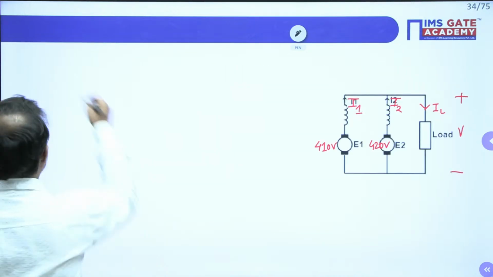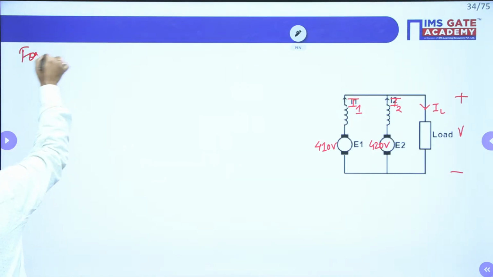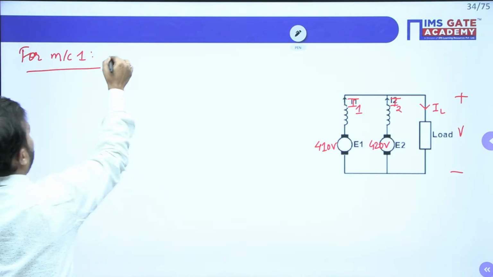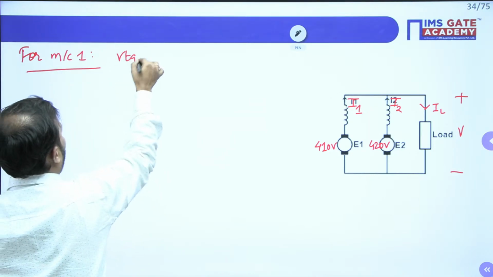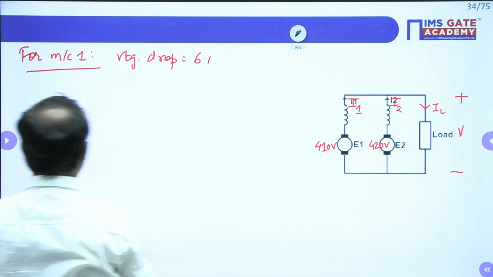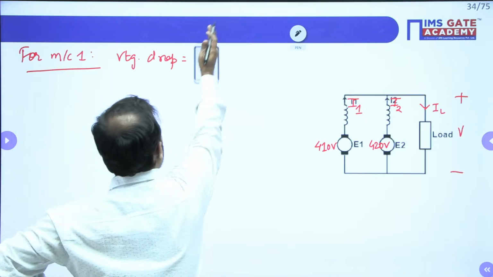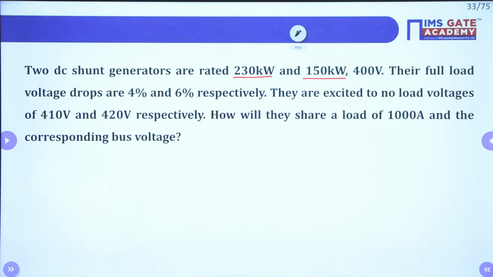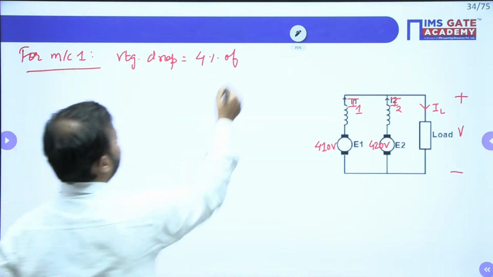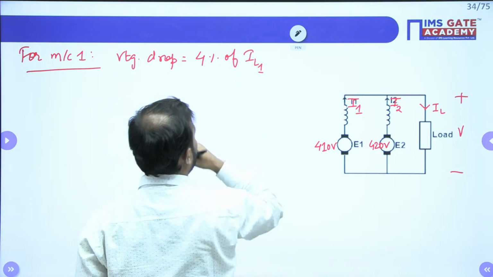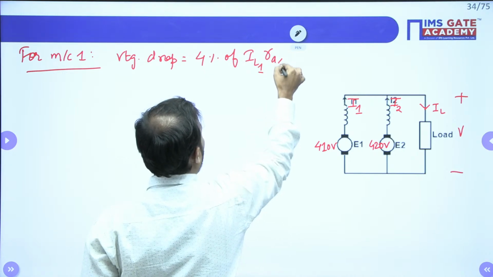So the drop for machine 1 is 4%, of the voltage drop at full load. So this will be equal to IL1 into RA1.